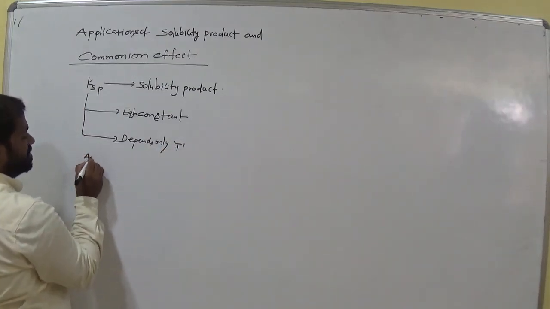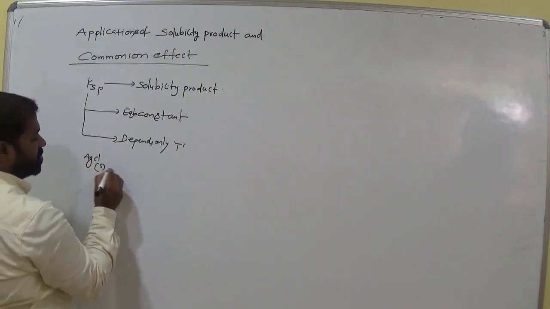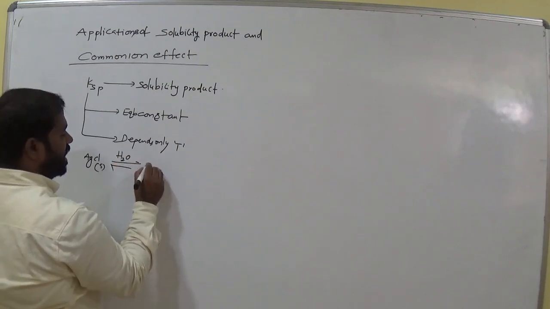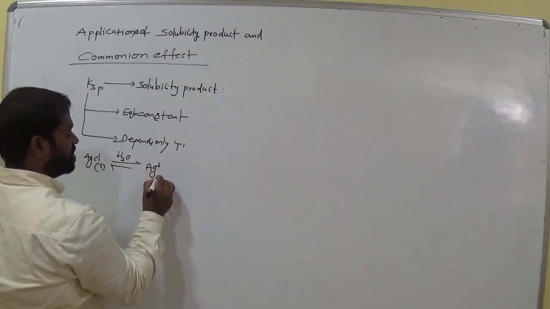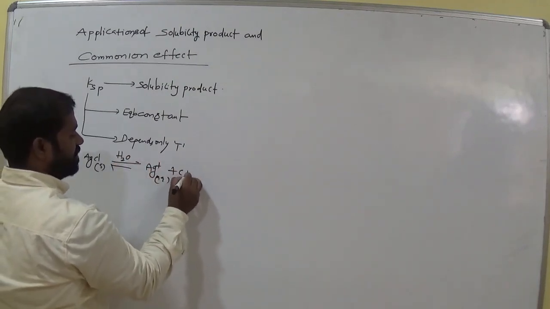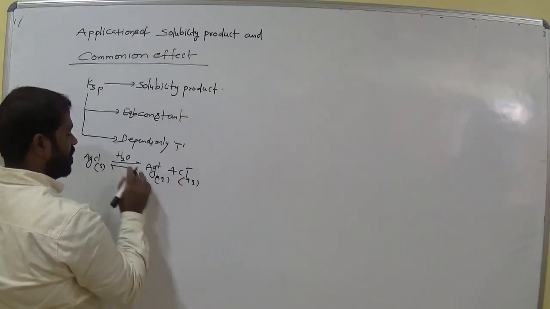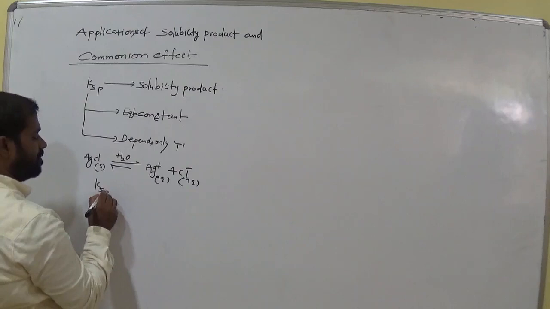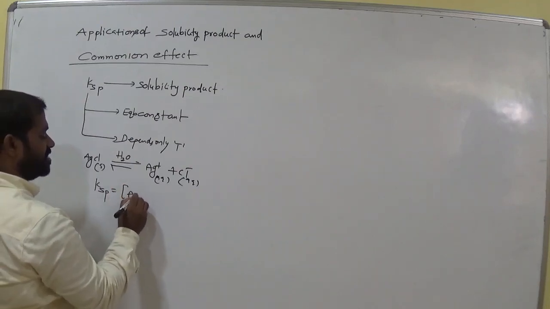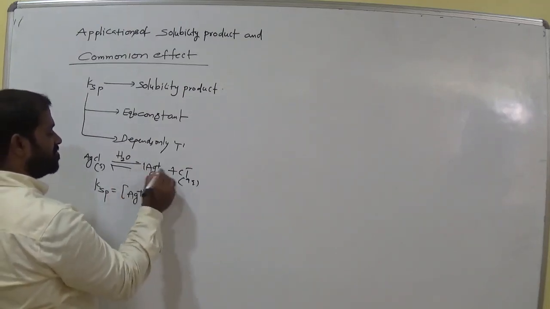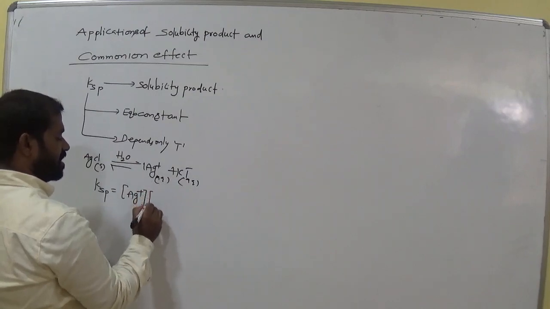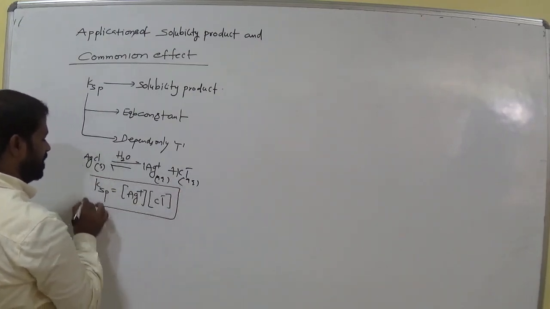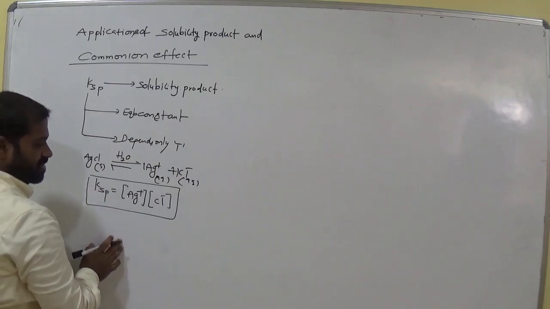So for AgCl, which is solid, when dissolved in water, what does it give? Ag plus and Cl minus, aqueous. Now what is the equilibrium constant expression here? That is Ksp equals the molar concentration of Ag plus, and its coefficient is 1, no need to write, times Cl minus. This is the Ksp expression. Am I right? You know very well. It is nothing but an equilibrium constant.